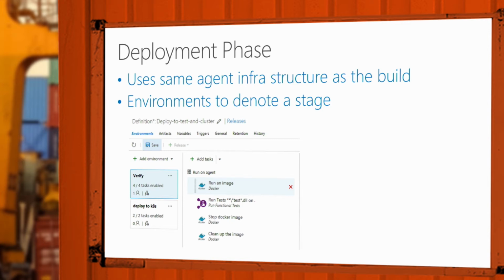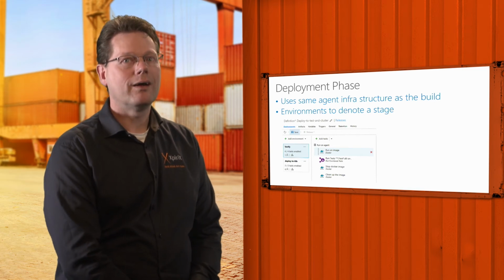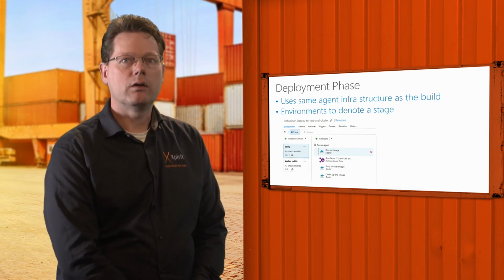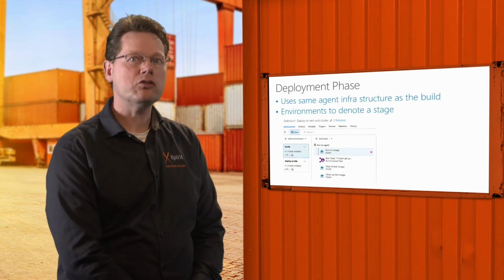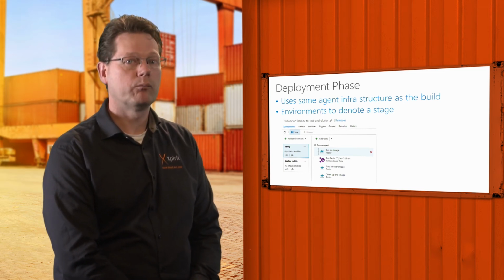As you can see, each environment or stage has a set of steps it will execute. This is the same as with your builds, but now the tasks are more focused on the deployment and testing of your application. The steps are executed on the agent that is selected, again based on the required agent capabilities. In this example, you can see that the first step is using the Docker task that can run the container.